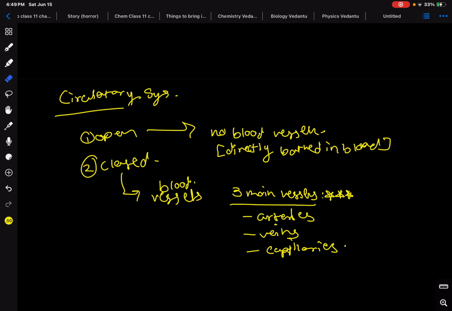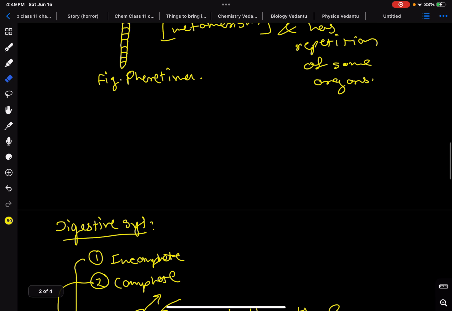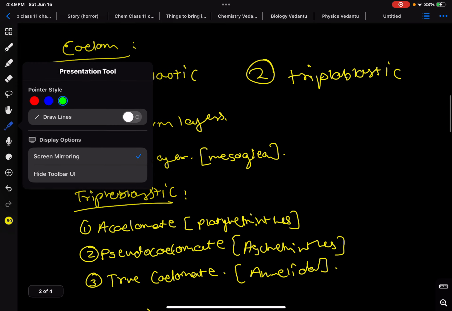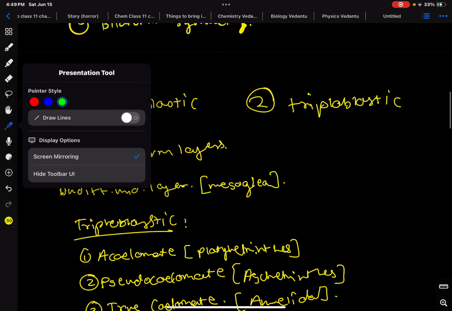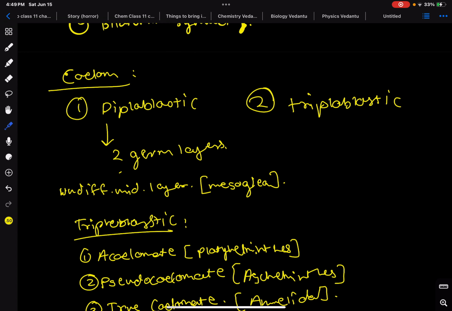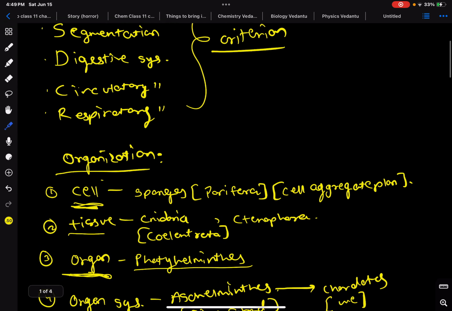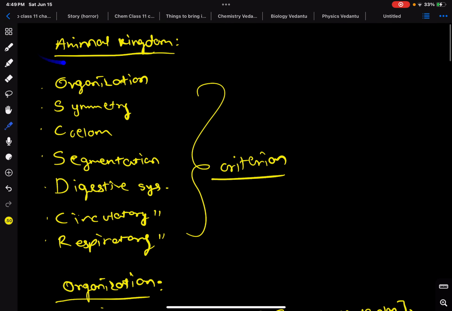So let's just go over what we learned today. Alright, so we have the animal kingdom, in which we have OSCSDCR. Very important.